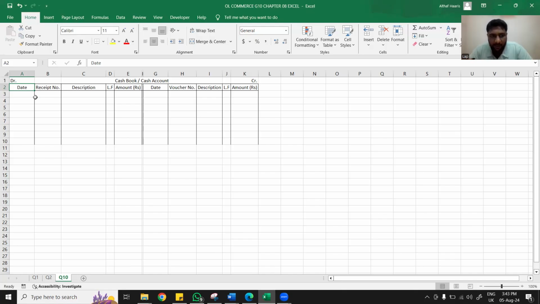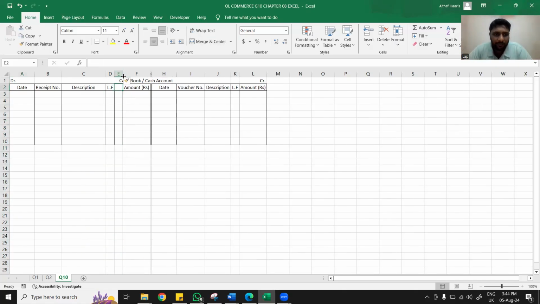But here, when you have a discount, that discount amount also we will show as a temporary or memorandum column.